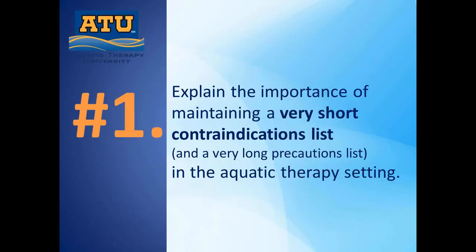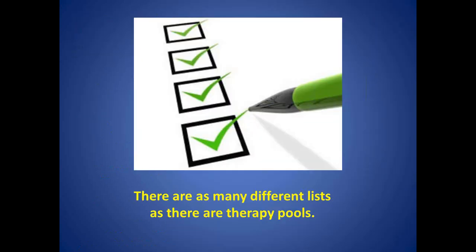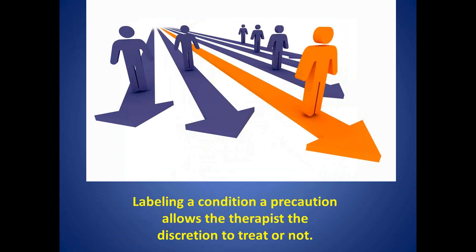Okay, first, why should you maintain a very short contraindications list and a very long precautions list, especially in the aquatic therapy setting? Well, if you think about it, there are as many lists of precautions and contraindications as there are therapy pools. And the problem is, if you label a condition a contraindication versus a precaution, it really removes your capacity to have any leeway.